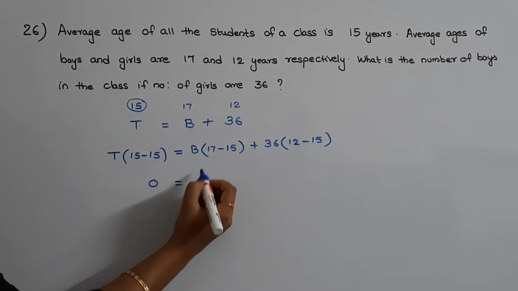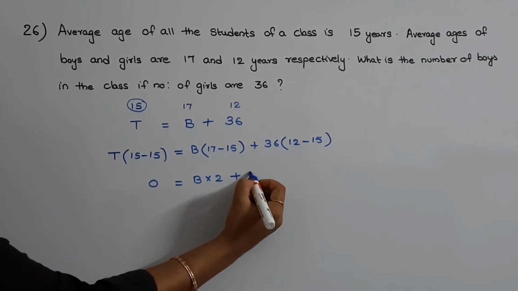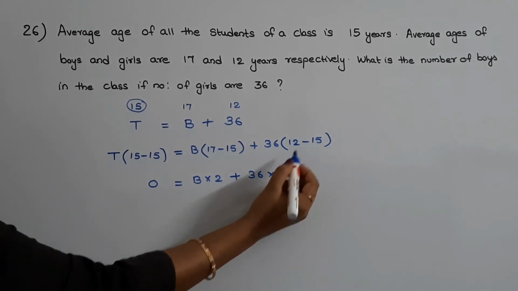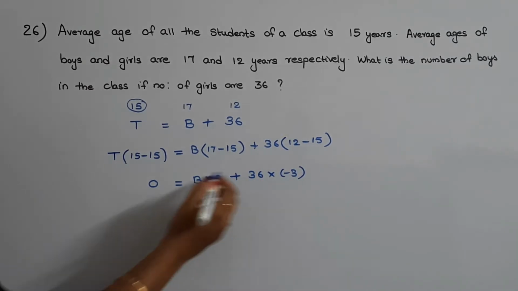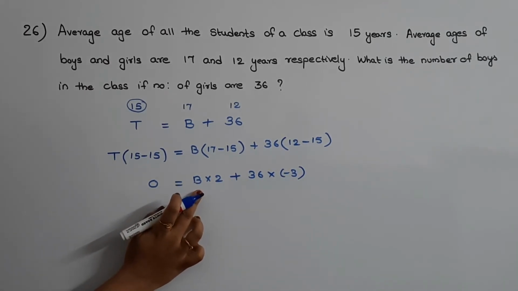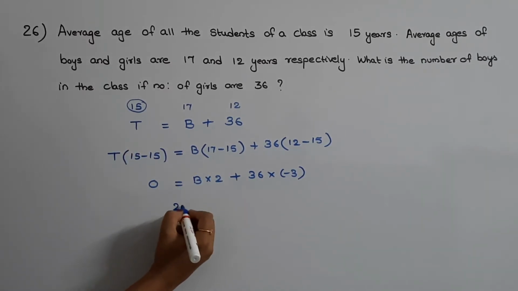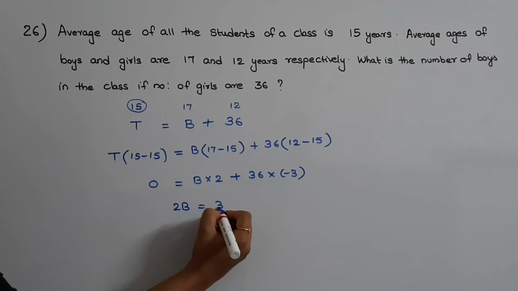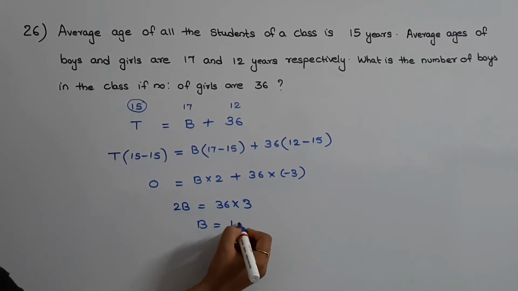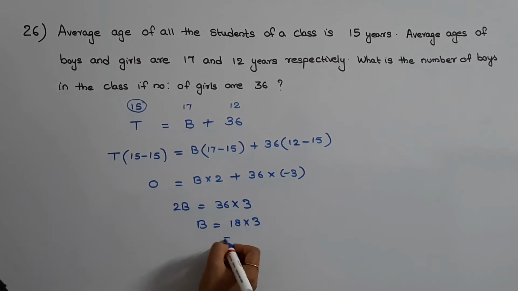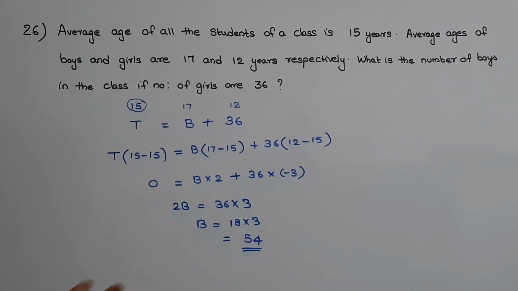This is equal to B into 2 plus 36 into 12 minus 15, which is minus 3. So on solving this we will get the value of B, or we will get the number of boys in the class. So 2B is equal to 36 into 3. So B value will be equal to 18 into 3, that is equal to 54. So the total boys in the class is 54.